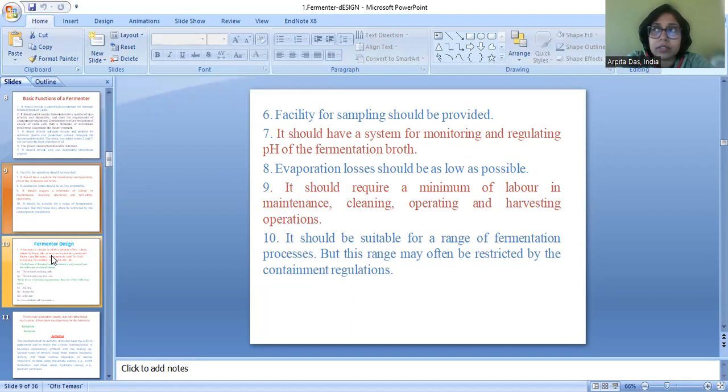In this session, I have tried my best to make you understand that bioprocess technology has a wide range of applications.